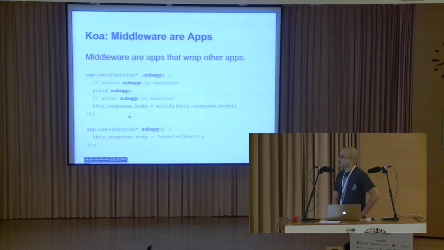The way I like to think about middleware is that you add it on top of your app, and you think of the next as another sub app. So you want to do something before you run the sub app, and you do something after you run the sub app. So basically this is a sub app, and all this does is decorate the sub app to minify. So this is how you would write anything like you minify or you compress.